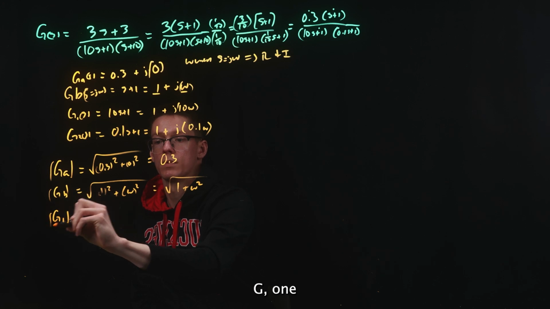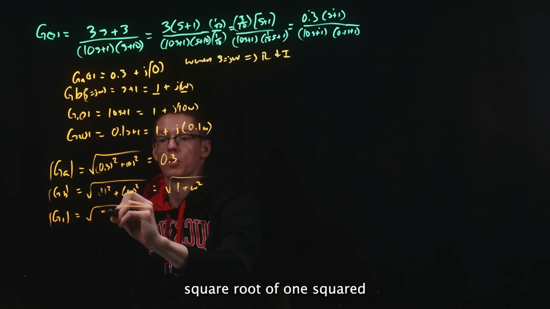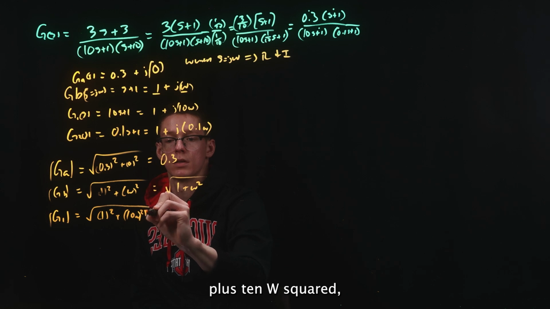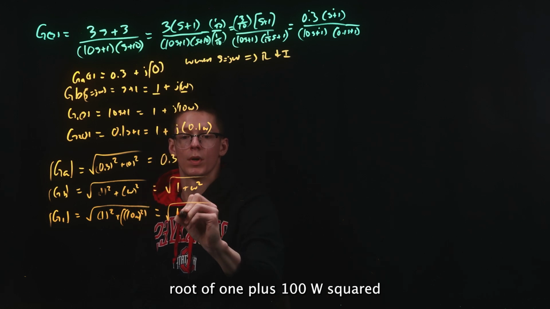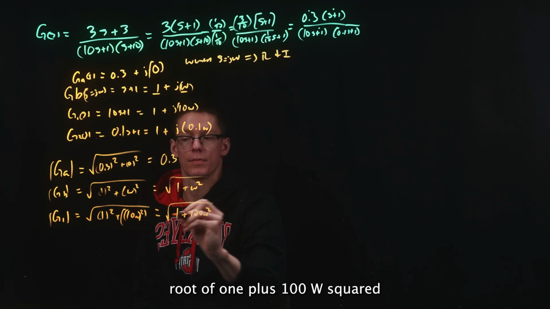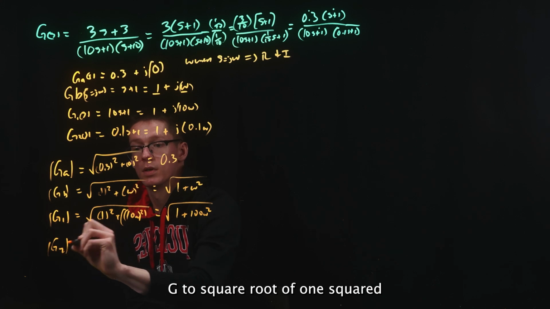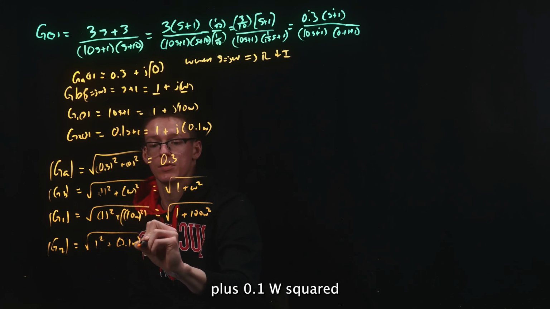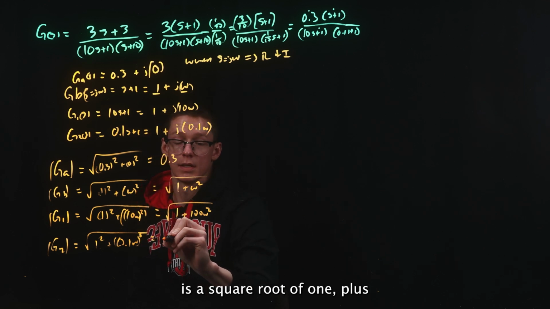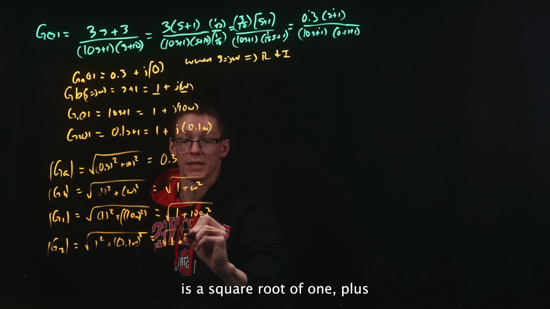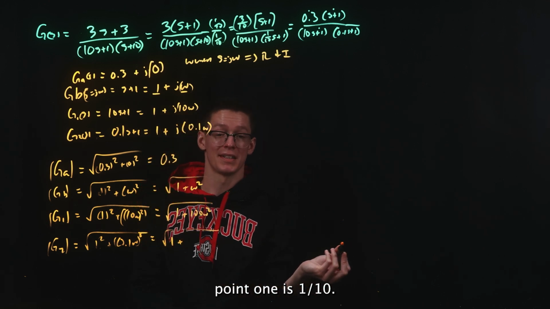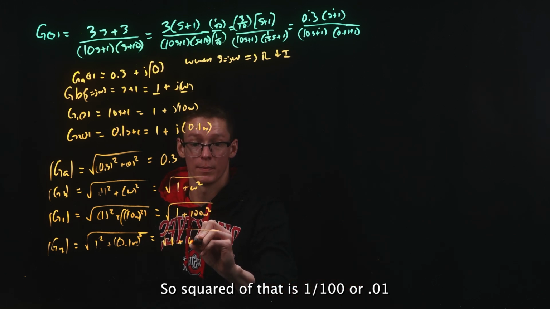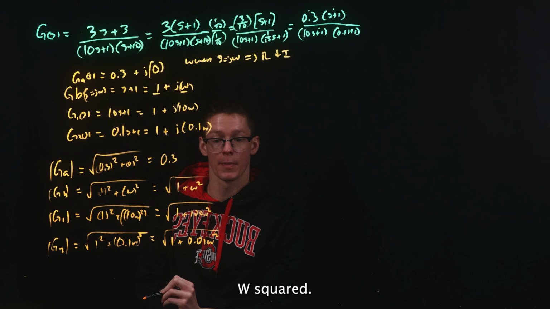G1, square root of 1 squared plus (10w) squared, which is the square root of 1 plus 100w squared. G2, square root of 1 squared plus (0.1w) squared is the square root of 1 plus 0.01 w squared.